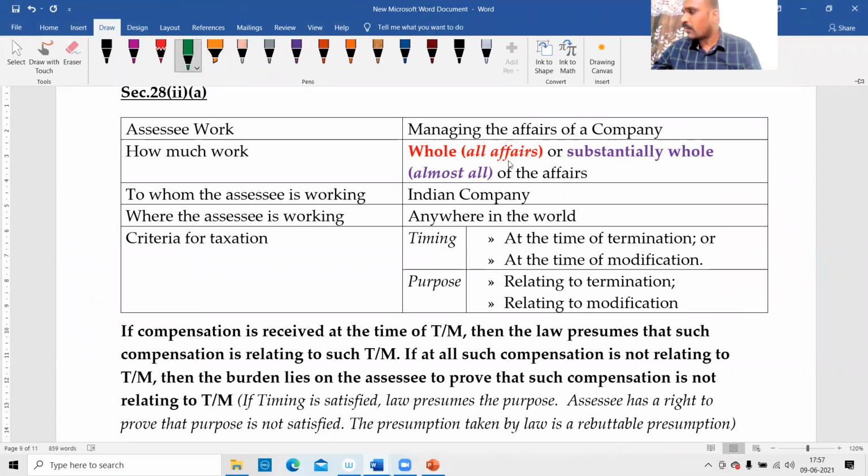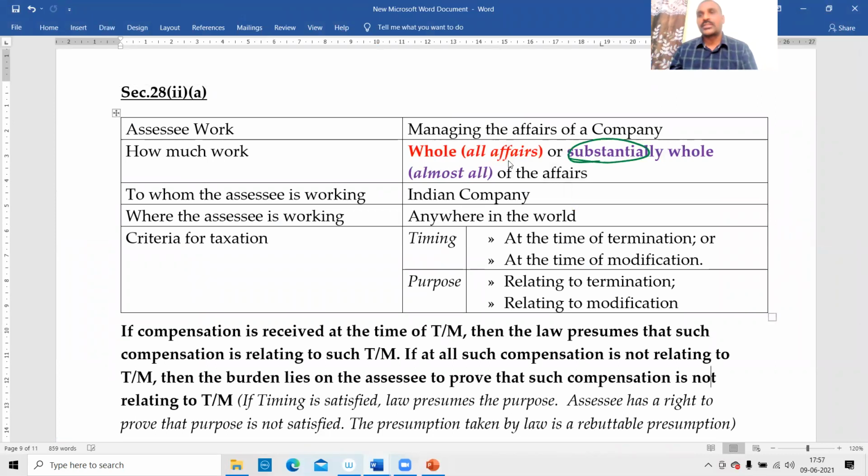The mistake students make is looking only at substantially and forgetting the whole. If you read the Income Tax Act very fast and read only the word substantial, you are gone. The word substantially has to be read in combination with the word whole.